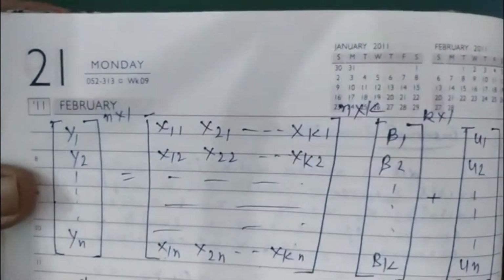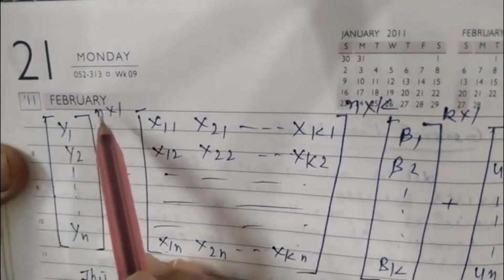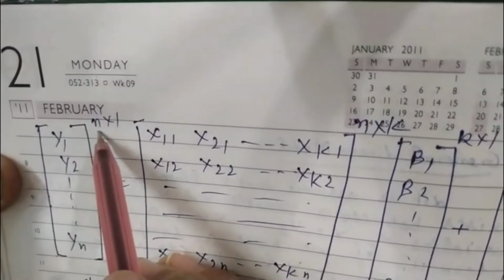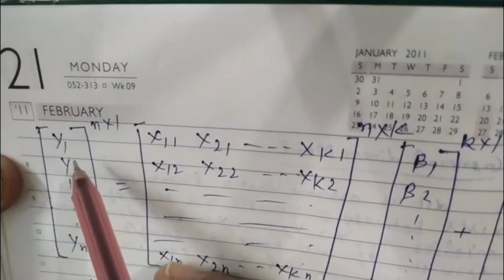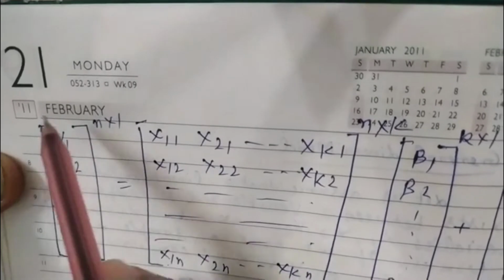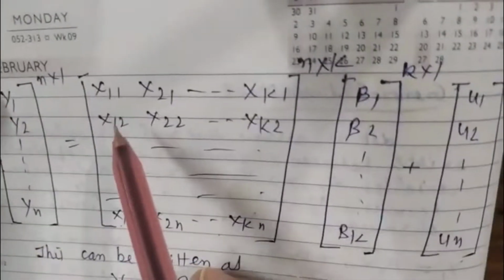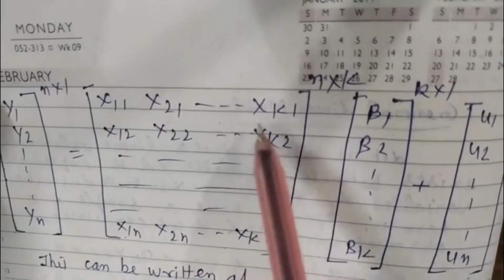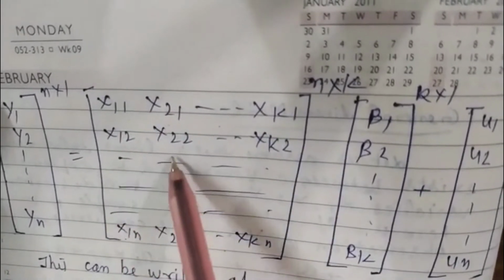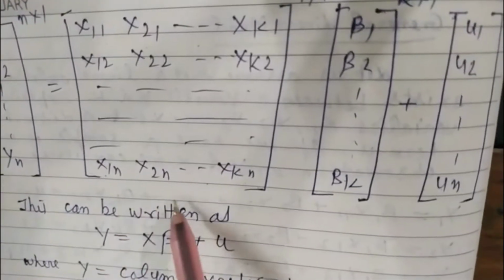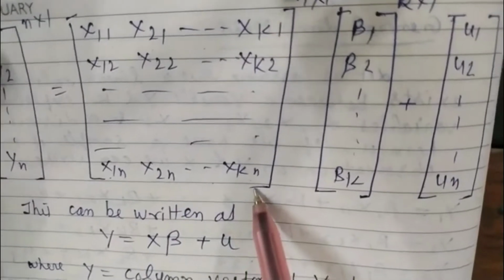The whole expression will now be written in matrix form. Y is a matrix which has n rows and 1 column, that is a column matrix y1, y2, up to yn. The X matrix has the k variables: x11, x21 up to xk1, x12, x22 up to xk2, and so on up to x1n, x2n and xkn.